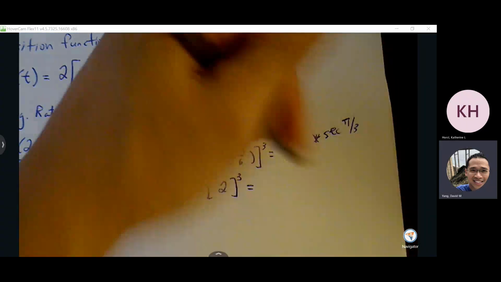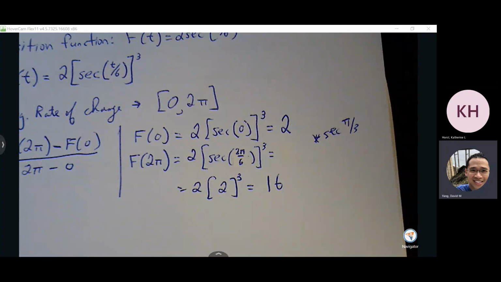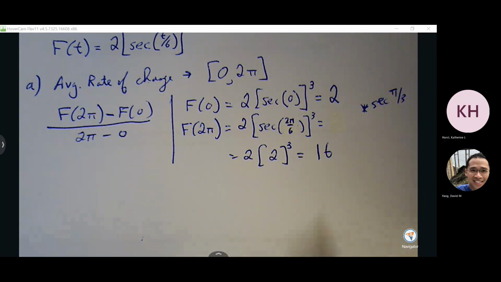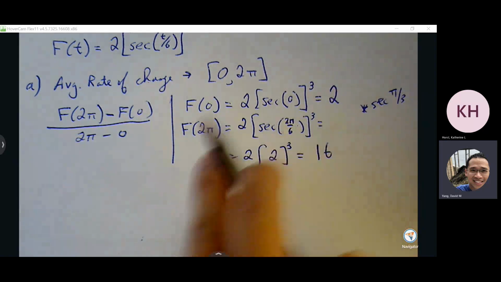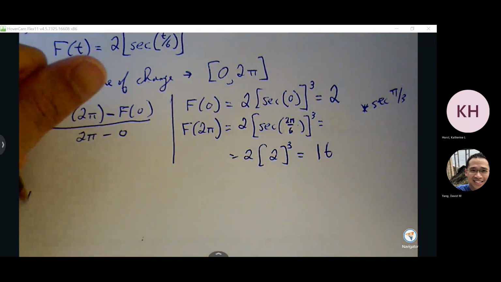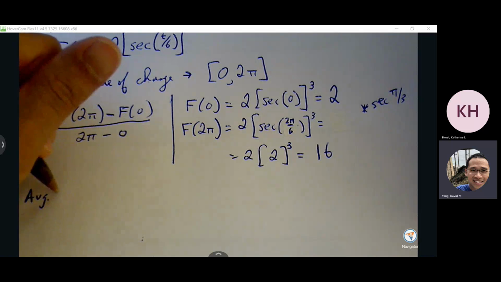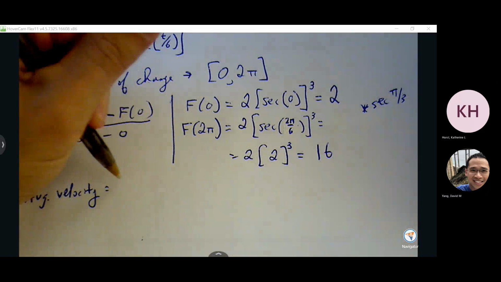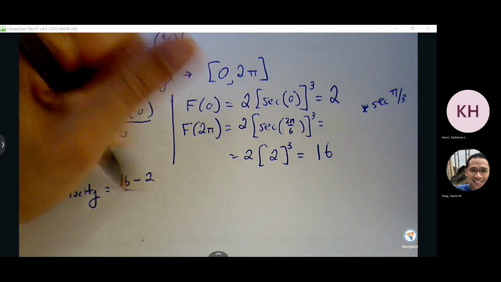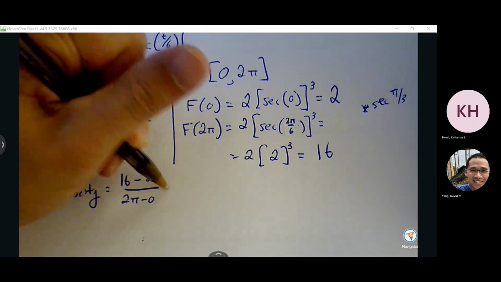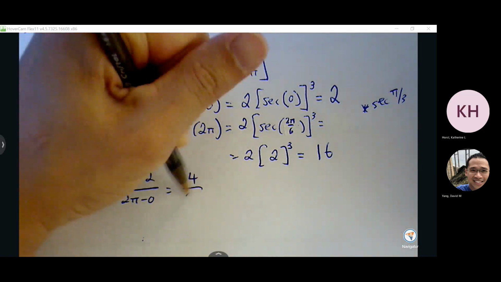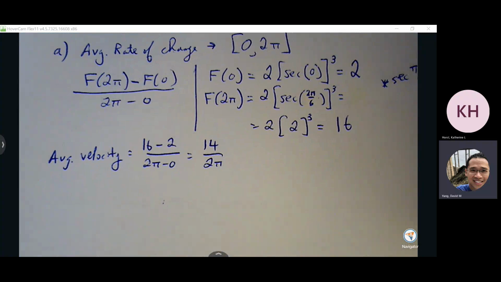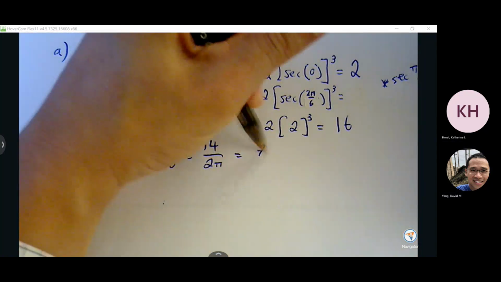2 cubed is 8, 8 times 2 is 16, so I'm ready to find my average rate of change, the change in my y over the change in x, or average velocity in this case. 14 over 2 pi reduces to just 7 over pi.